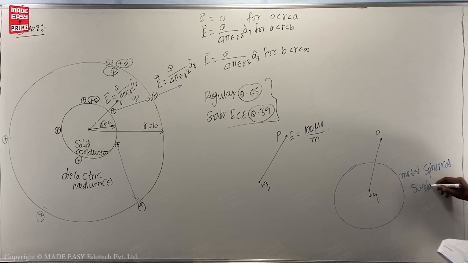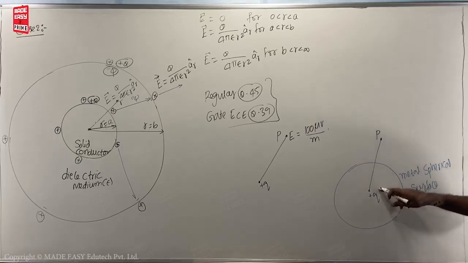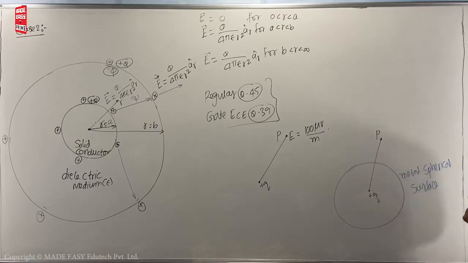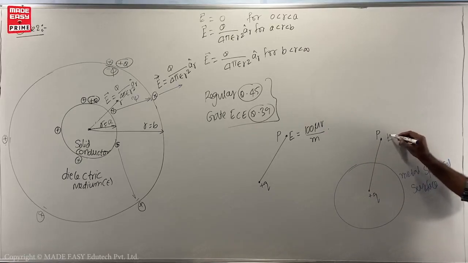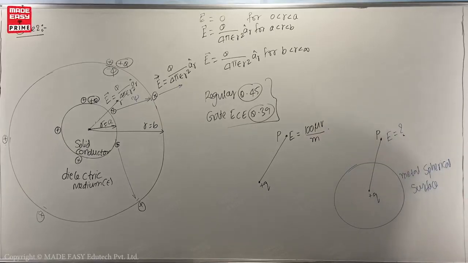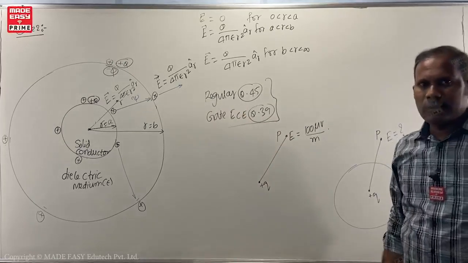So this charge is enclosed by it, that means inside the surface this charge is there. Now the question is, what is the electric field again at the same location?